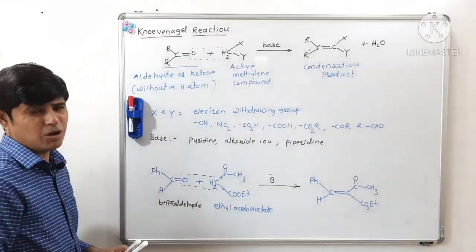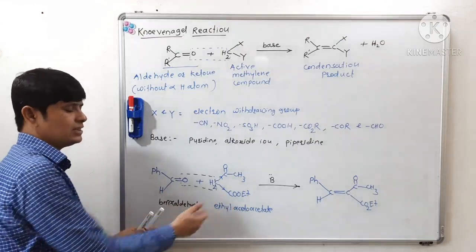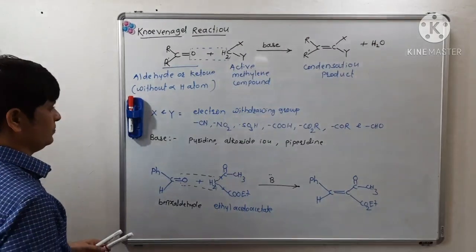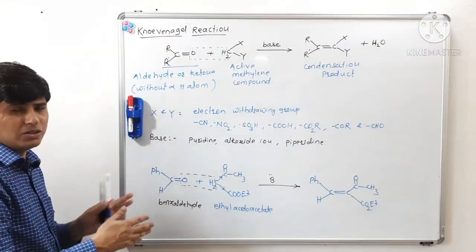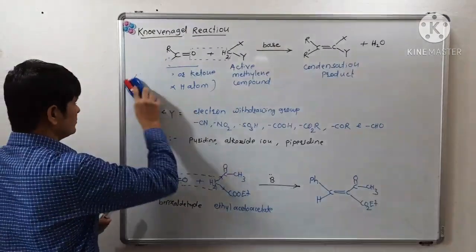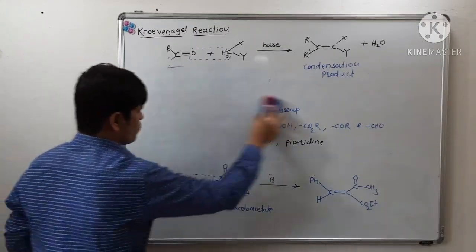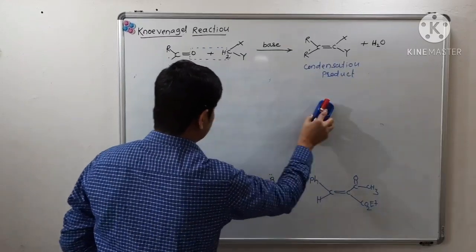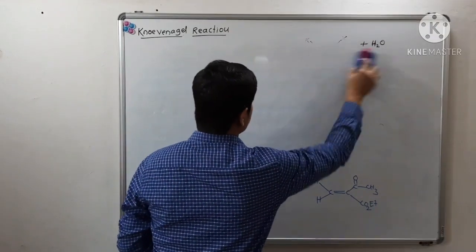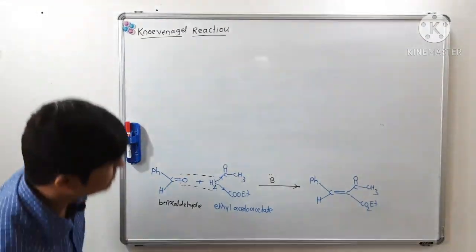So let us see the mechanism of this reaction, that is reaction of benzaldehyde with ethyl acetoacetate. Have you understood the background about Knoevenagel reaction? What do you think, which will be the first step of this reaction?